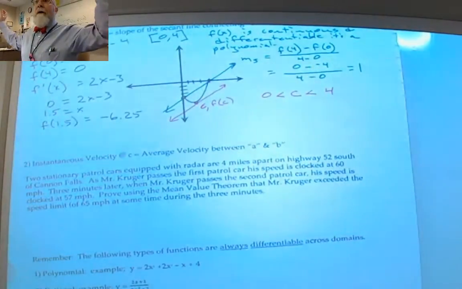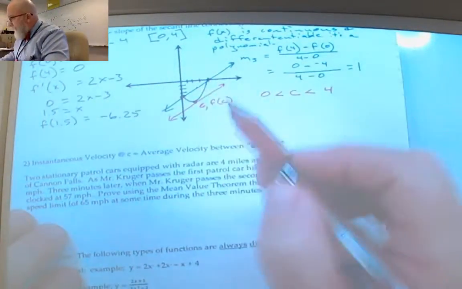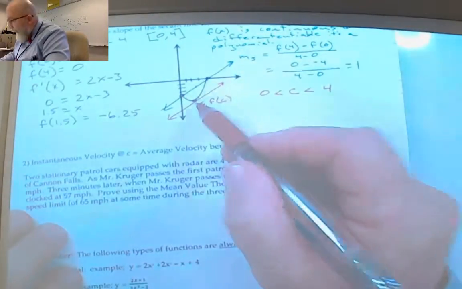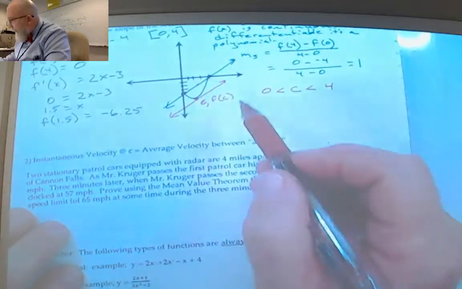I'm guaranteed that the average rate of this line is equal to the instantaneous rate of this line. There has to be a moment between 0 and 4 where I'm going 1.